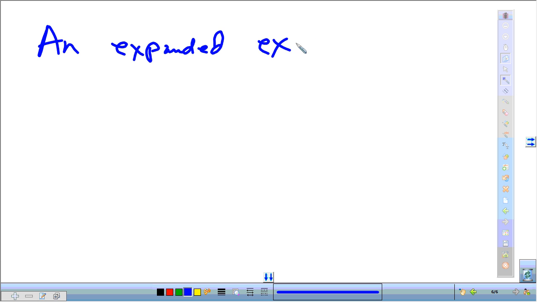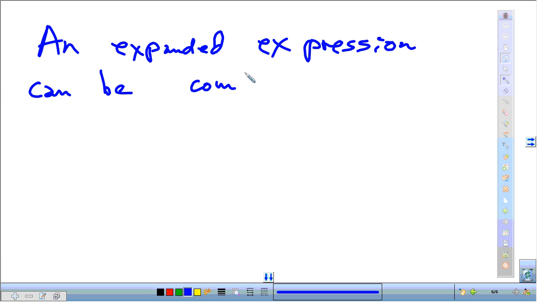Now, a little exercise. With logarithms in expressions, sometimes they're expanded into terms, and we could combine them using logarithm rules.